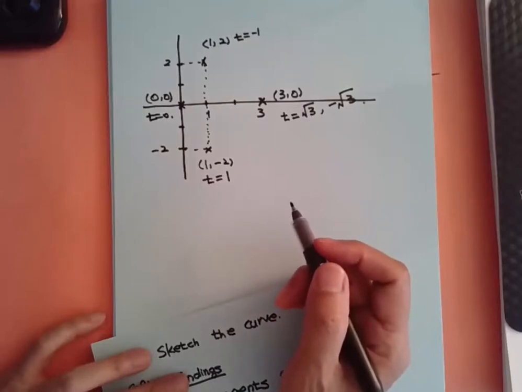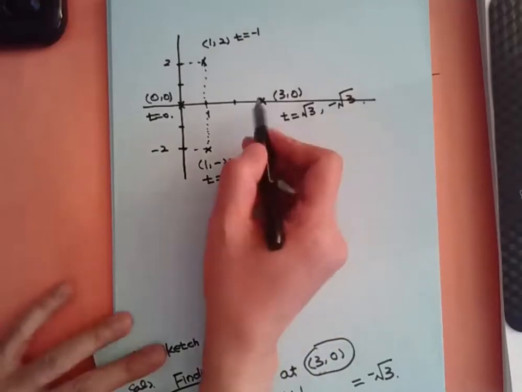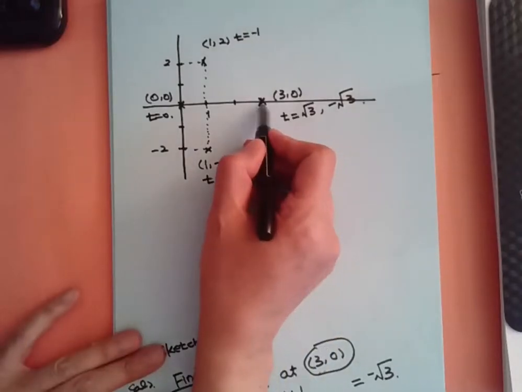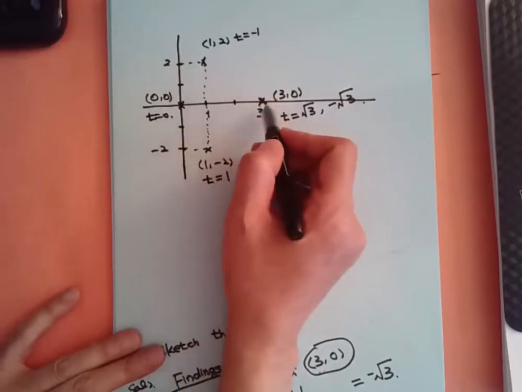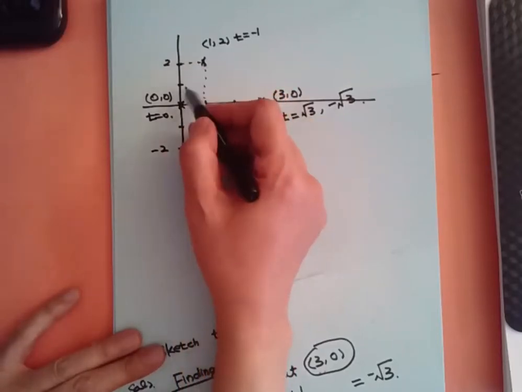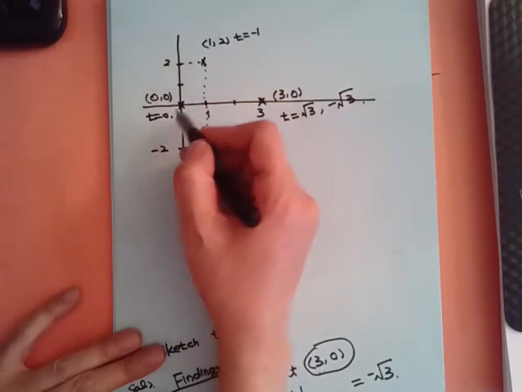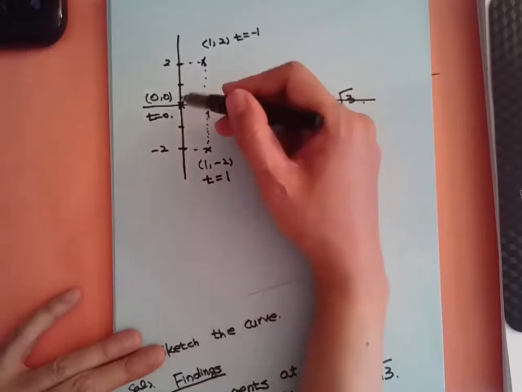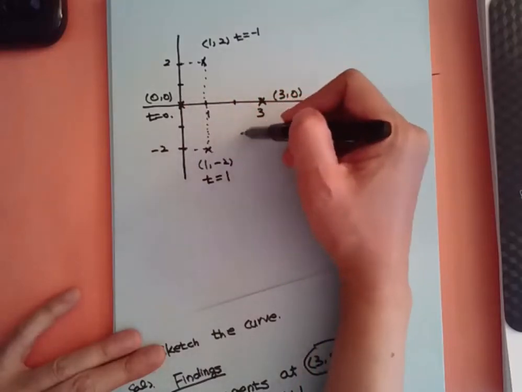So obviously the flow of the curve goes like this, and then goes down at t equals 0, and then t equals 1, so it flows downward and then goes upward.